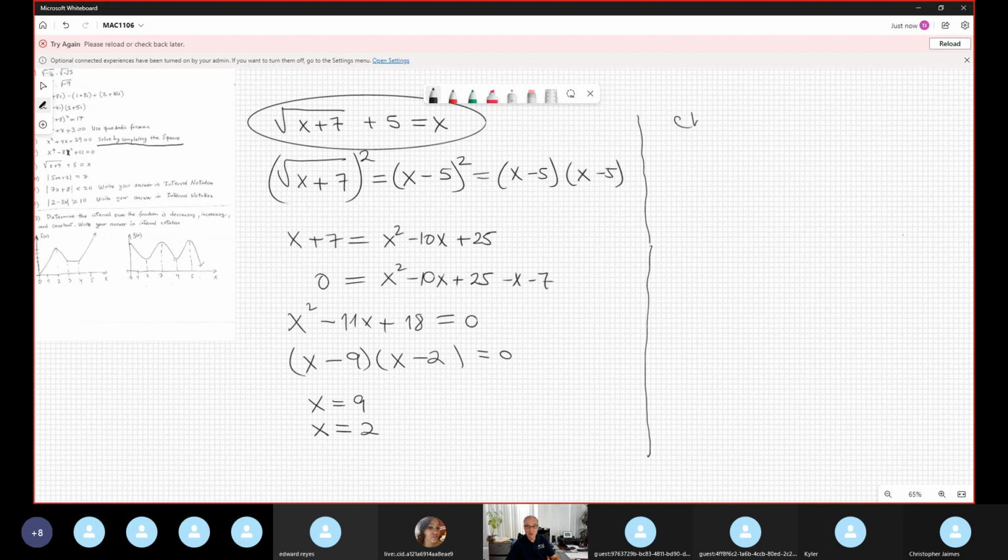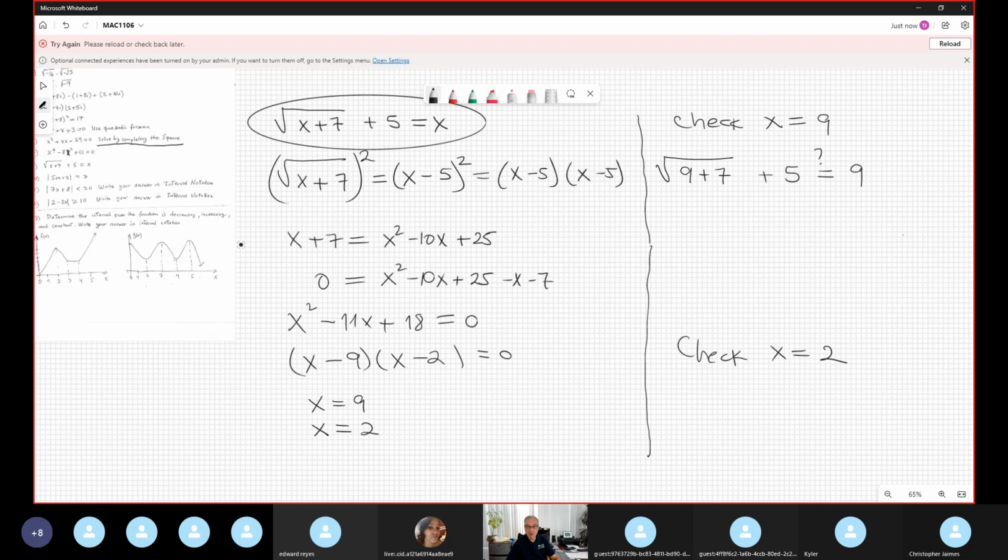So checking for 9. I'm checking for 2. Maybe there are no rules. Maybe both are good, or maybe one is good and one is not good, or maybe both are not good, so we have no solution. What I need to check arithmetically is square root of 9 plus 7 plus 5 should be 9.